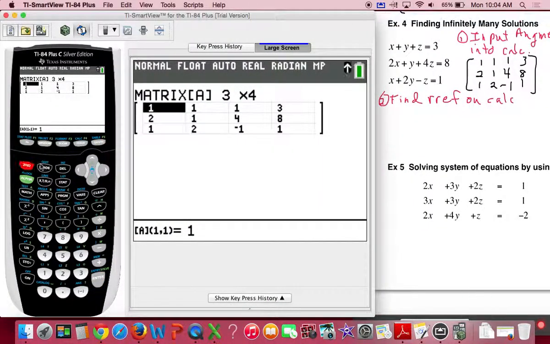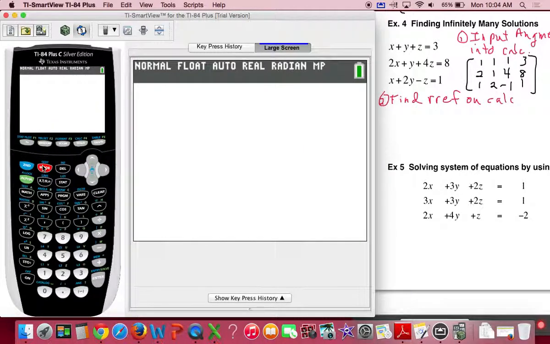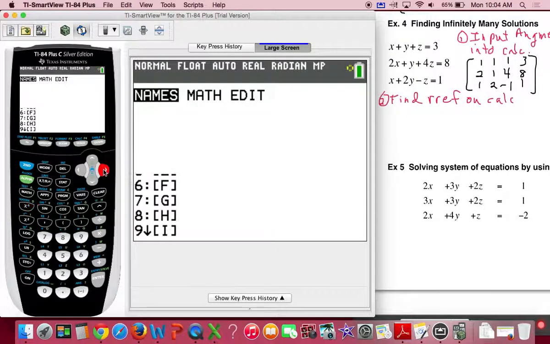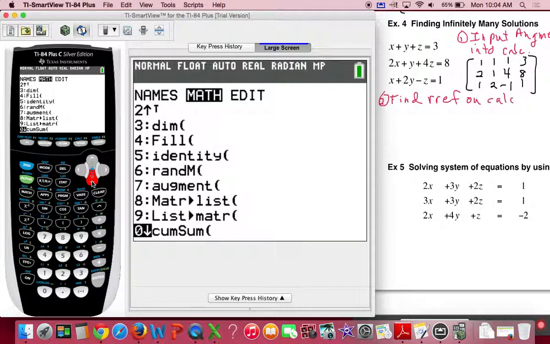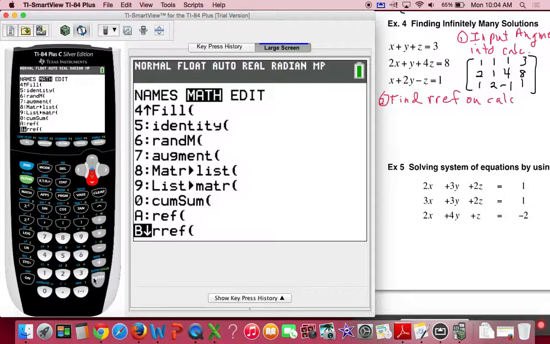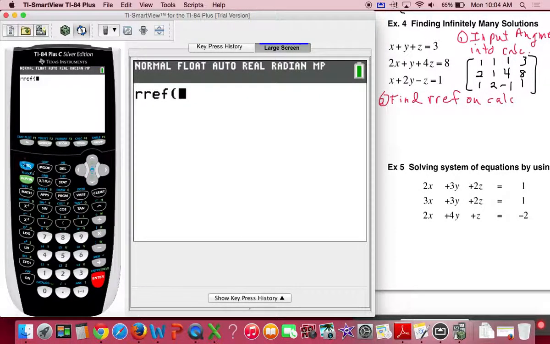So go to second quit. So you're back to your main screen, and you have to do it from the main screen. Second matrix. Scroll 1 to the right to get to the math screen, and then you're scrolling down to find RREF. And then hit enter. And then you need to name matrix A, so second matrix, hit enter. Get in the habit of closing the parentheses and hit enter again.